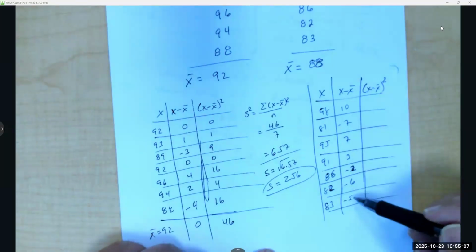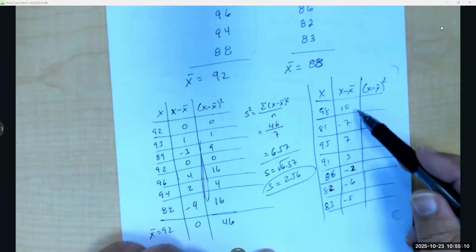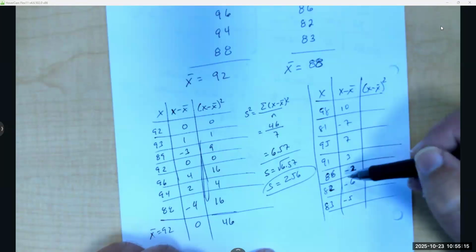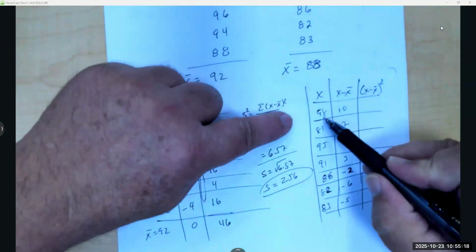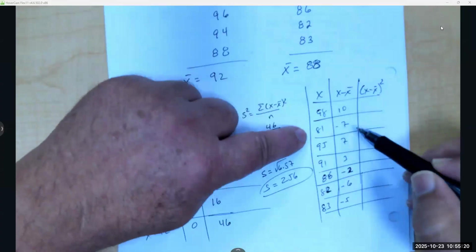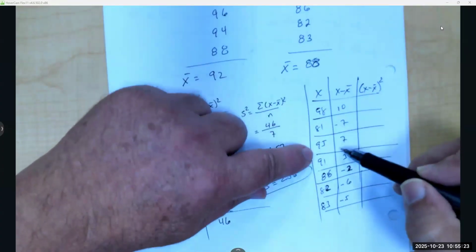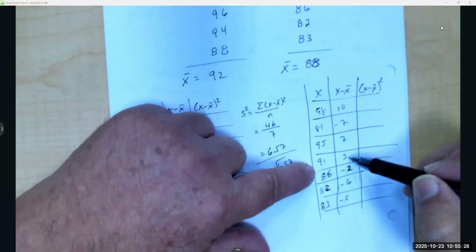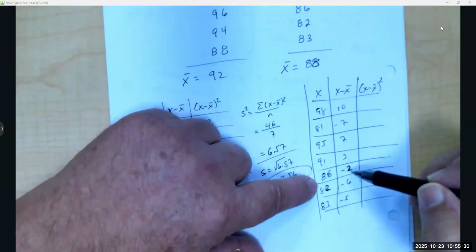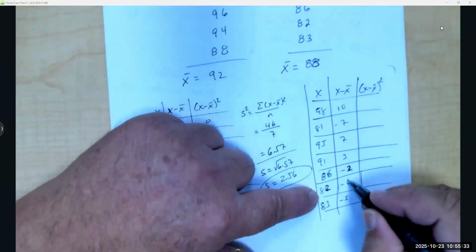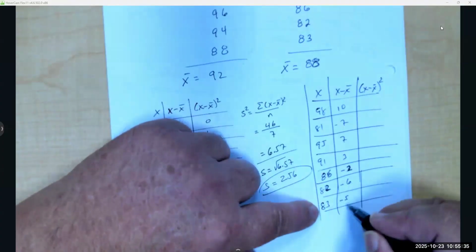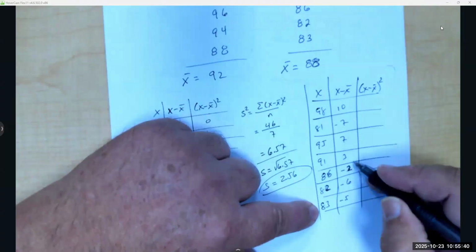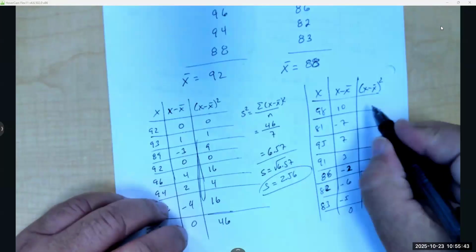So we have negative 10, negative 18. Okay, I messed up something. 88. So 98 minus 88 is 10, 81 minus 88 is negative 7, 95 minus 88 is 7, 91 minus 88 is 3, 86 minus 88 is negative 2, 82 is negative 6, 83 is negative 5. So it's 11, 11 plus 9 is 20. That's 20, so it's 0. Good.